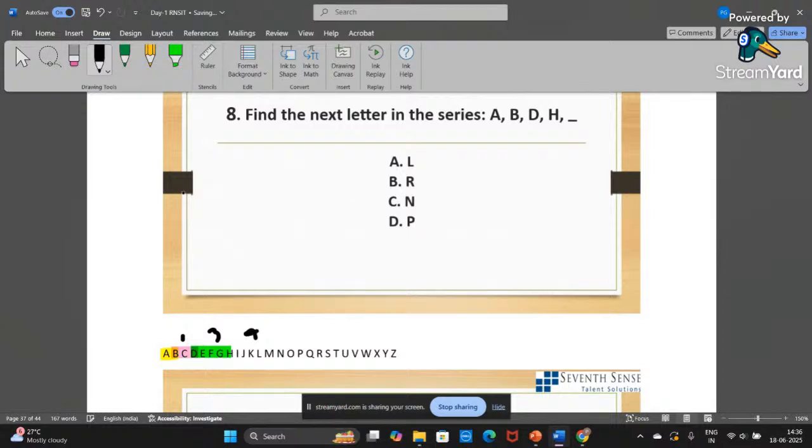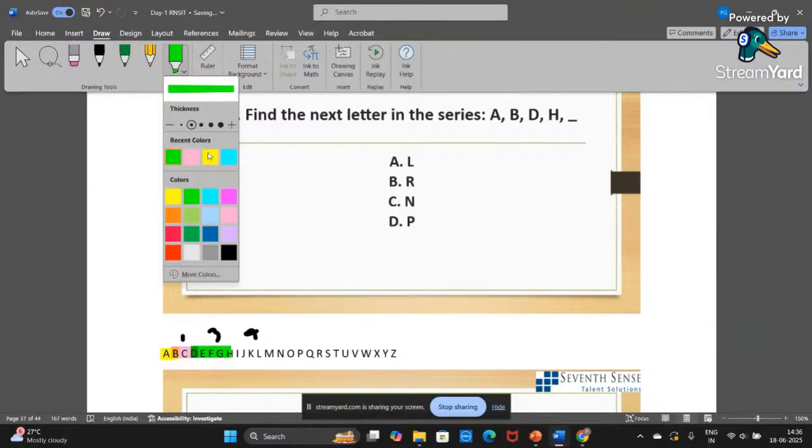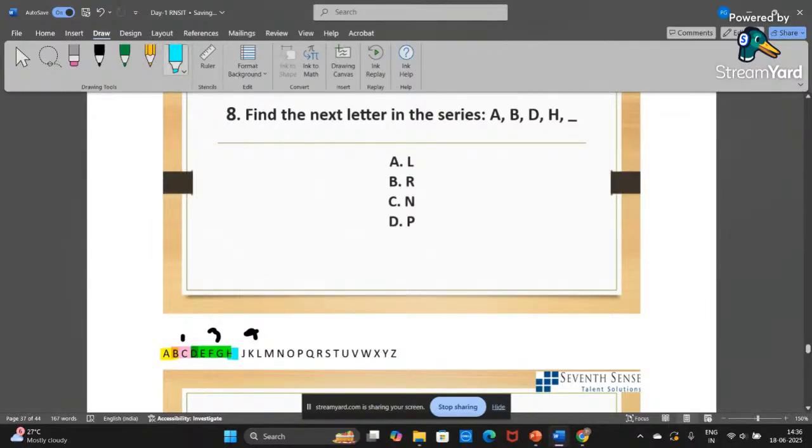They have to leave 4 alphabets and then write. One they left, 1, 2, 3 they left, and 1, 2, 3, 4, 4 they left. So the answer should be M.